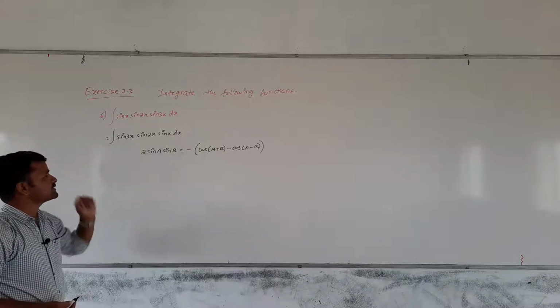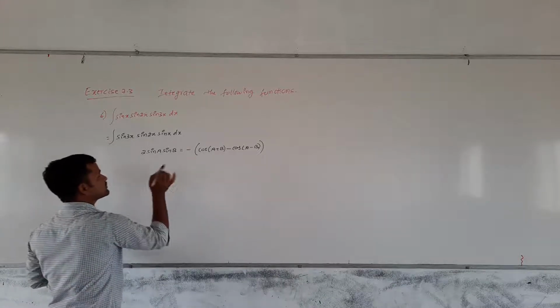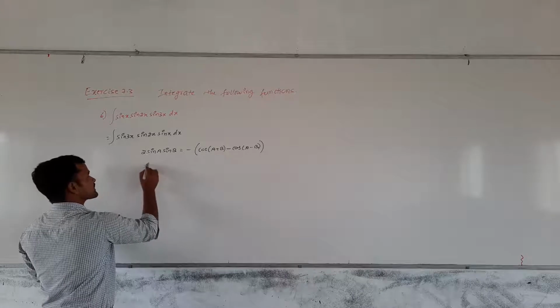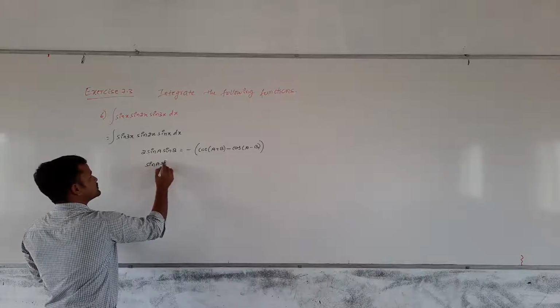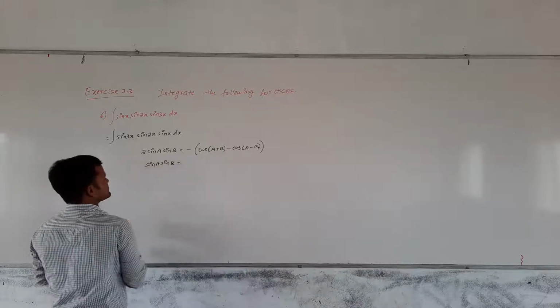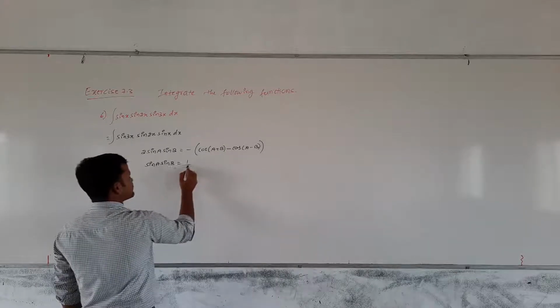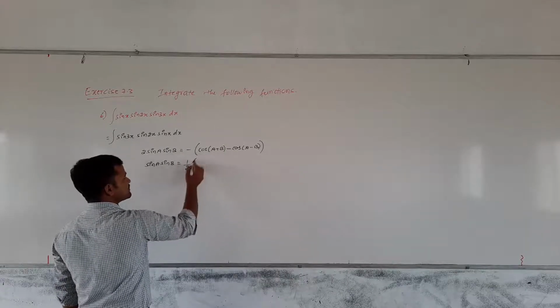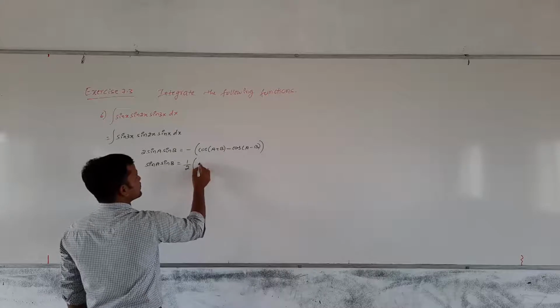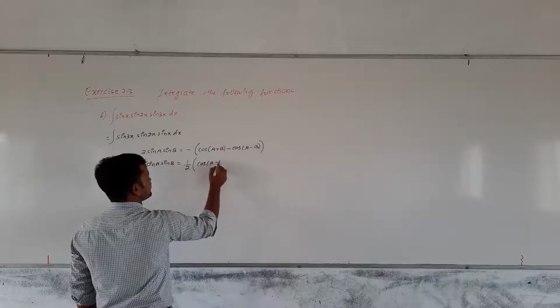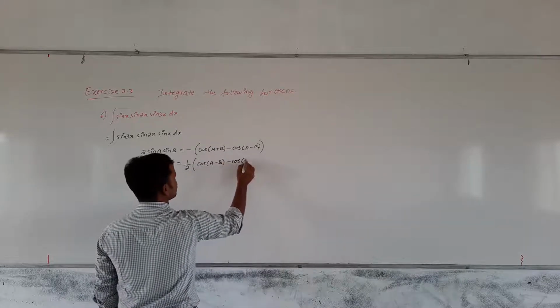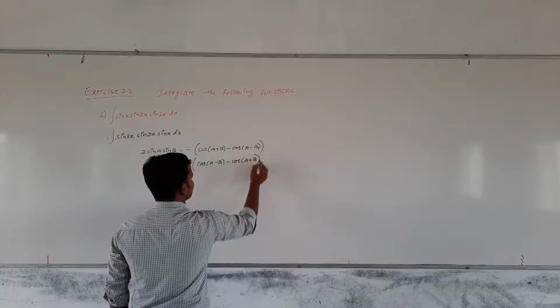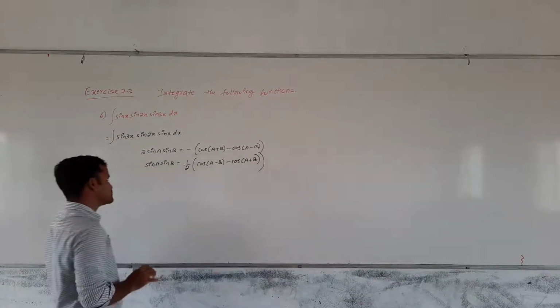Here sin a into sin b is there. This 1 by 2 also you take to the right hand side. Sin a into sin b is equal to 1 by 2 times this minus I will multiply inside. This becomes cos of a minus b minus cos of a plus b. I am multiplying minus with these two terms.